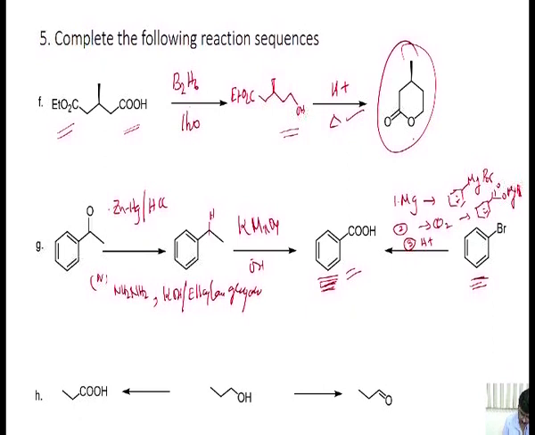Here the oxidation of alcohol to aldehyde and carboxylic acid is shown. Primary alcohol can be selectively oxidized to aldehyde using PCC.